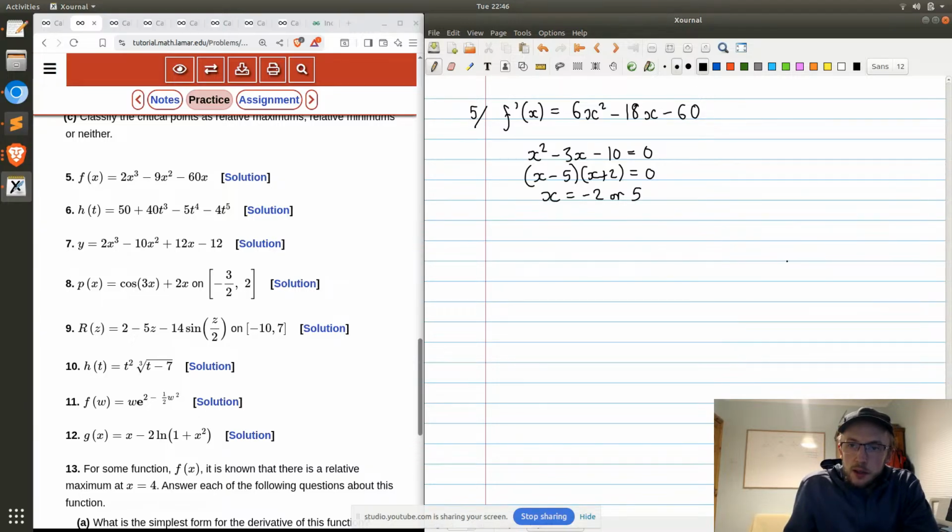What does the derivative look like? Positive quadratic. -5, -2, 5. Like that.